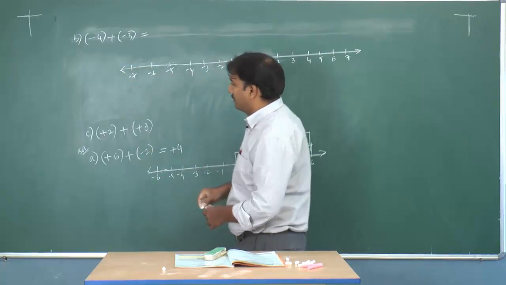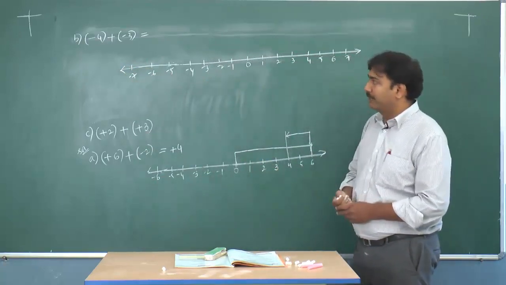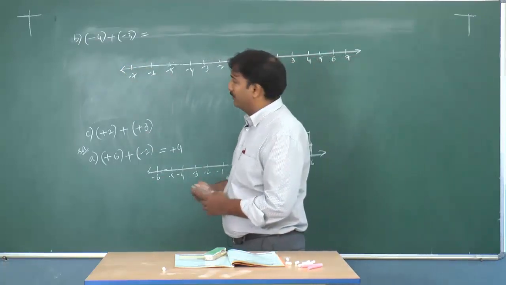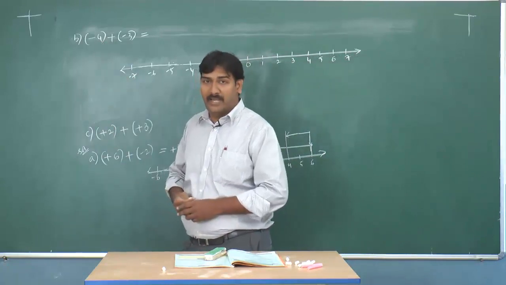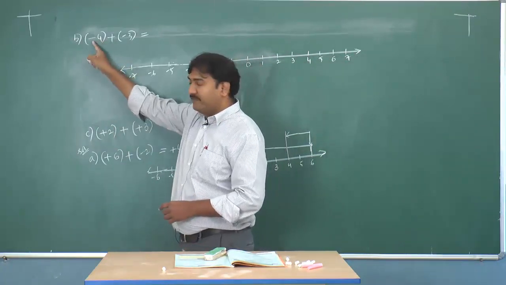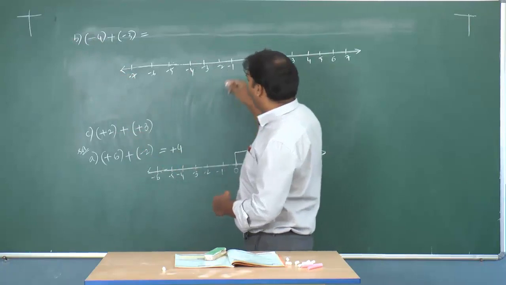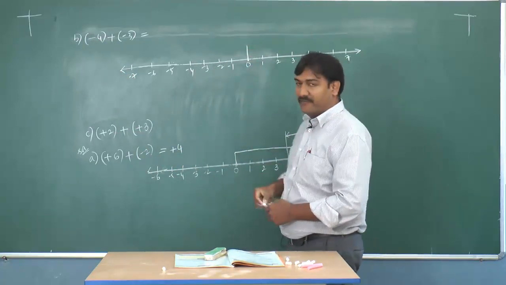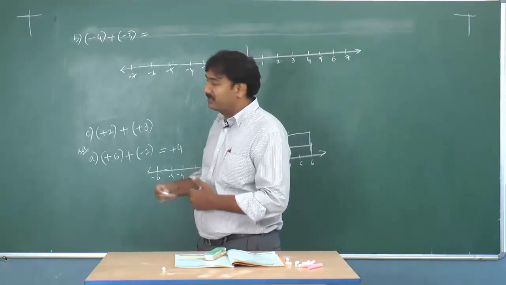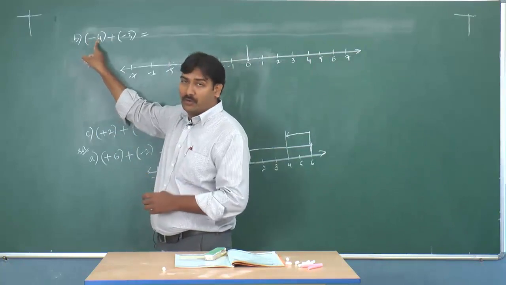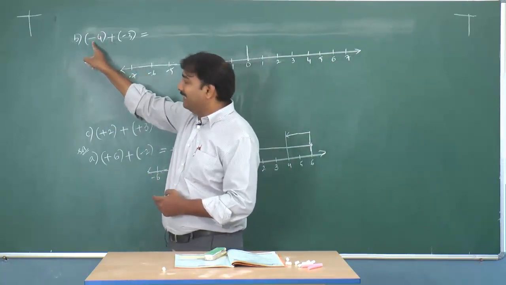Let us start doing this. Now we have drawn a number line. Now let's go for the first number. The first number given here is minus 4. So the sign for it is minus. That means we need to move to the left side from 0, 4 units in the negative direction.